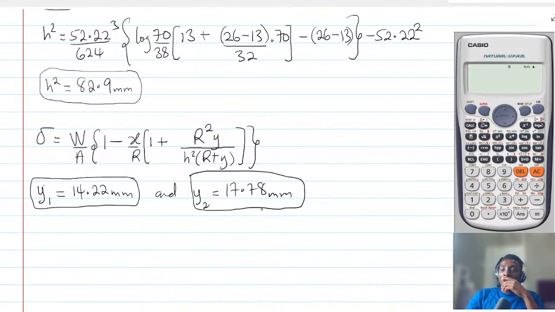So first of all, we are going to assume that at the inner surface, or inside the inner edge, okay, let me go back.